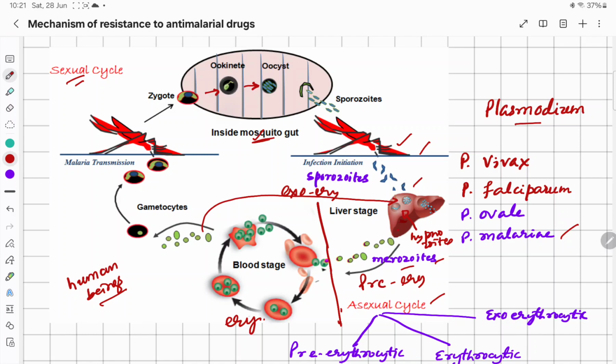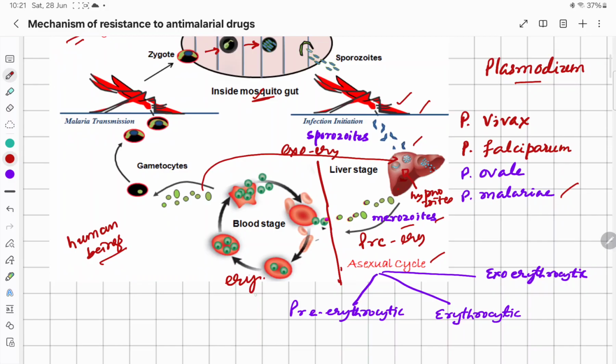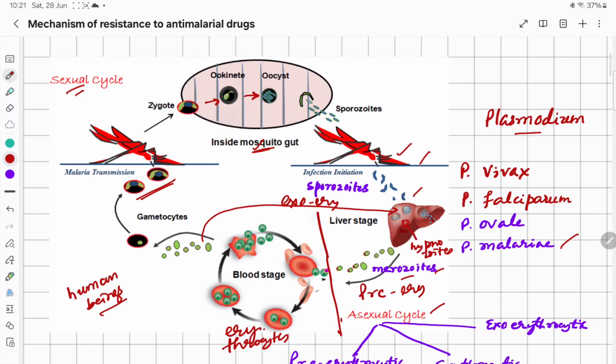These merozoites attack the blood cells, that is the erythrocytes, and some of the merozoites, while entering into the RBC, are processed to form the male and female gametes, and these gametes are taken up by the mosquito, and inside its gut they are processed.